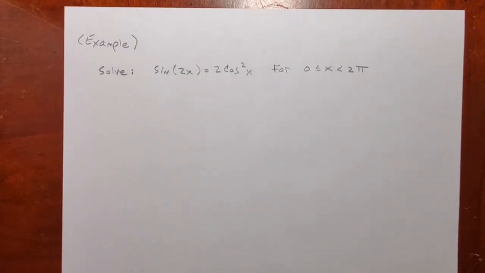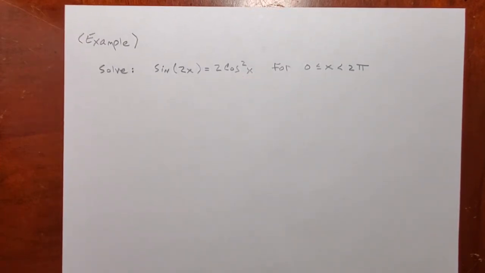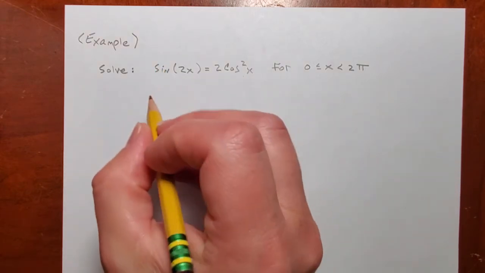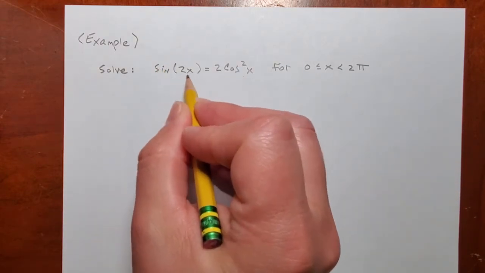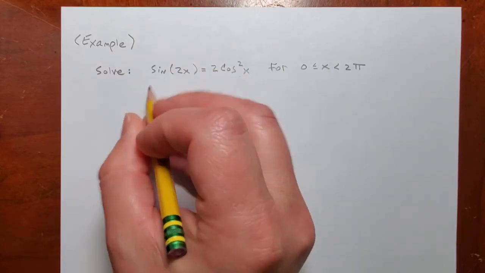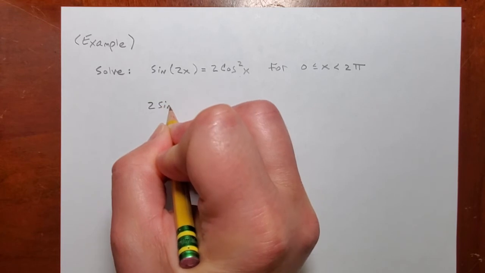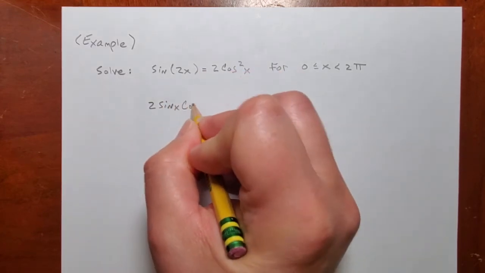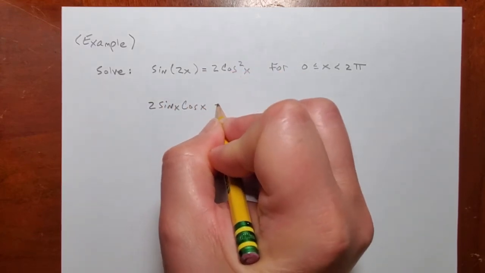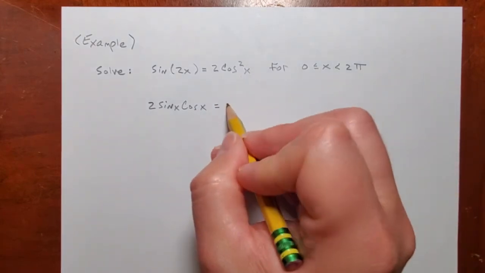Or even if you had a formula sheet to look them up on, it's kind of a little game to figure out which ones are going to work to get what you want. It's not a very fun game, but you know what I mean. So, all right. What I want here is the double angle identity. Sine of 2x is 2 sine x cosine x. Okay? And I'm going to go ahead and leave this alone.